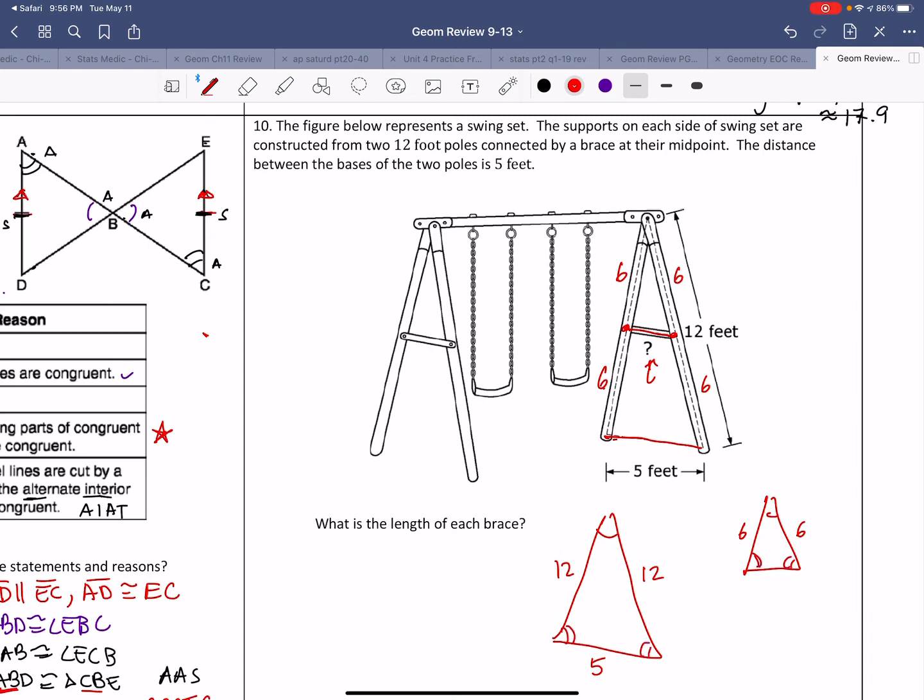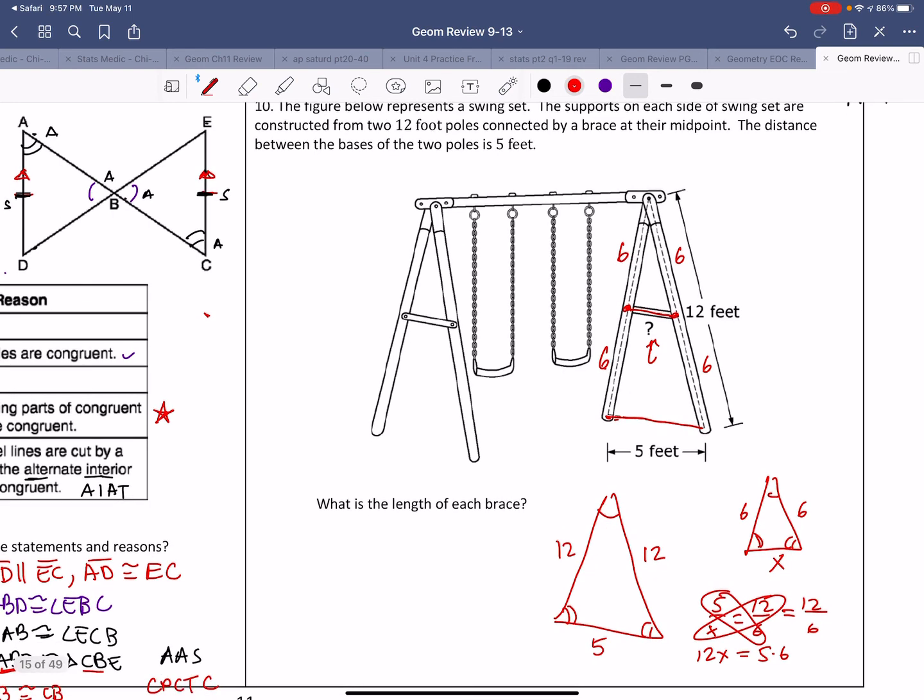So you know these two triangles are similar, so their sides have to make the same ratio. We could put them in order least to greatest. So 5, 12, and 12 on the mommy, and x, 6 and 6 on the baby. Notice how they make the ratio 1/2. We could cross multiply, and we get 12x is equal to 5 times 6.